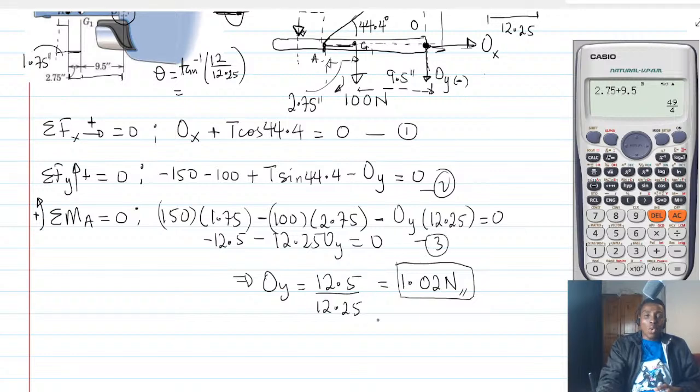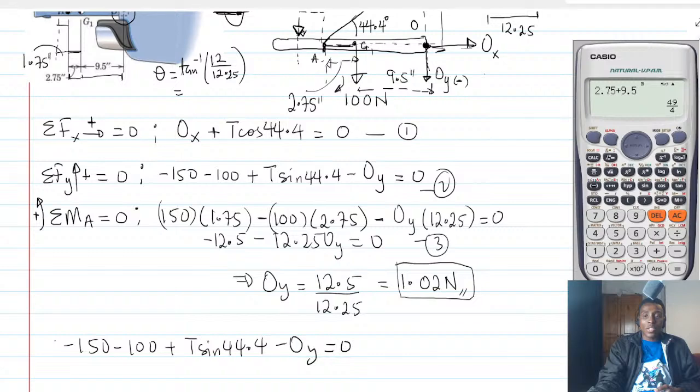So you can go back and put OY into equation 2, which is minus 150 minus 100 plus T sine 44.4 minus OY was 0, right?